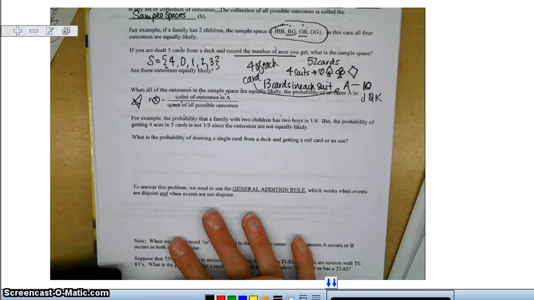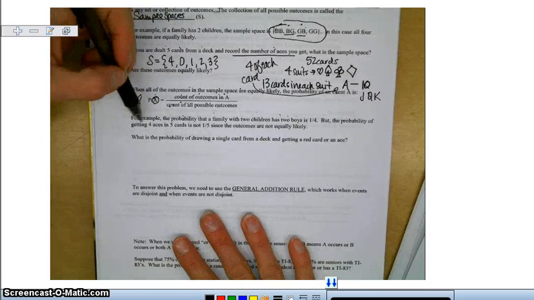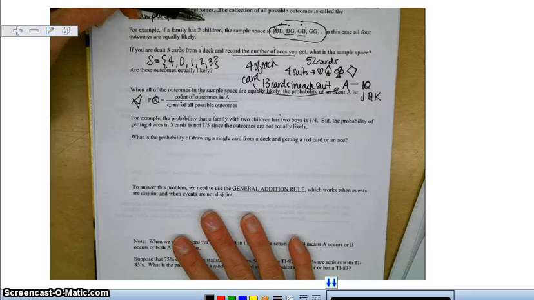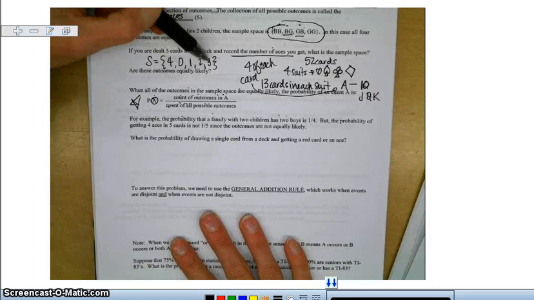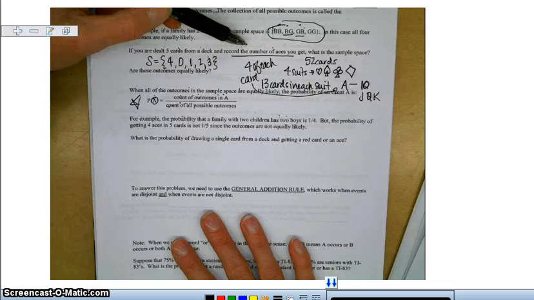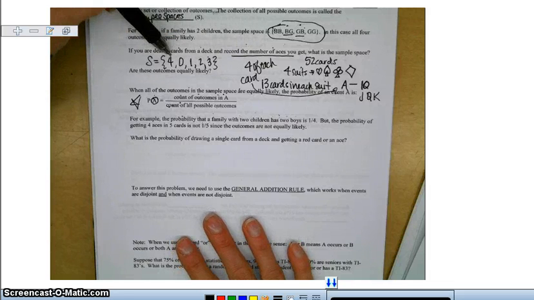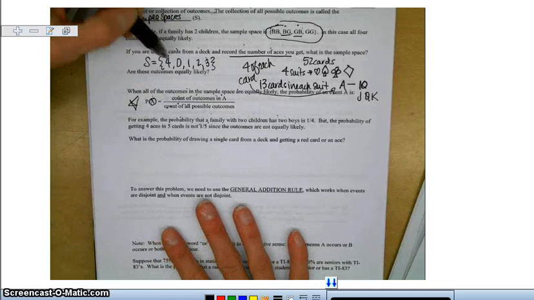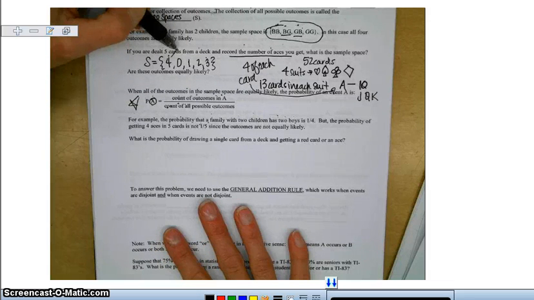On the other hand, the probability of getting 4 aces in 5 cards is not 1 out of 5. You can't say there are 5 outcomes for the number of aces you get and 1 of them has 4 aces, because the probability of getting 4 aces is a lot smaller than the probability of getting no aces.